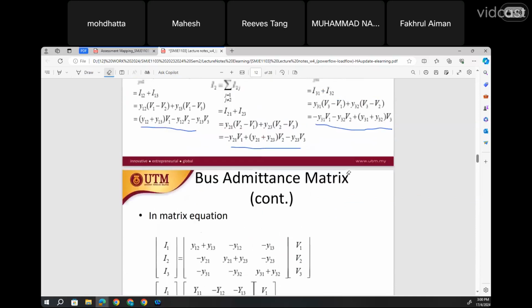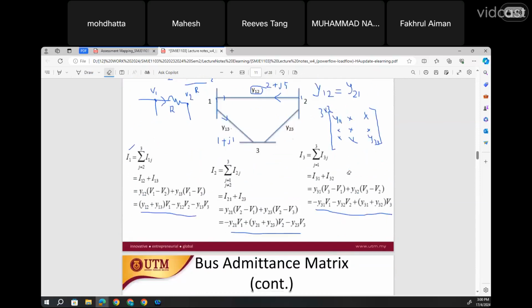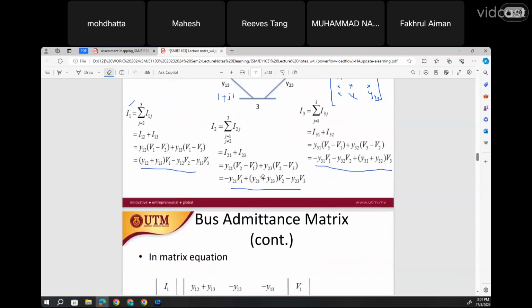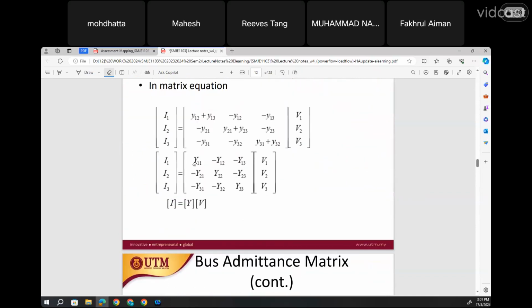The small y is referring to the exact value of admittance. The big Y that we have over here is the total admittance value associated with the element of row number 1 and column number 1.